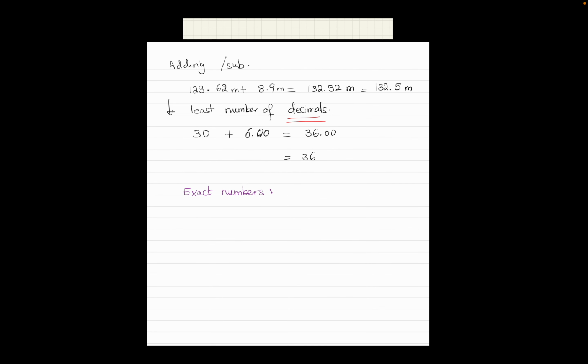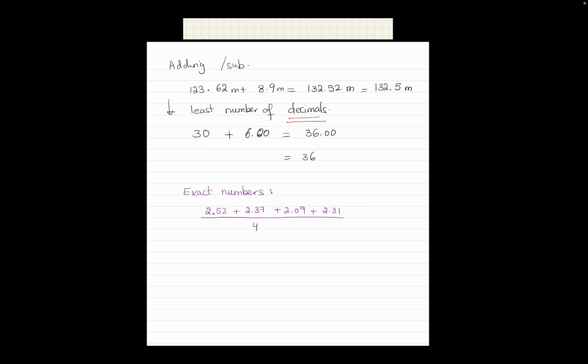Now, exact numbers. These are like when you calculate the average, for example, 2.52 plus 2.37 plus 2.09 plus 2.31. I want to find the average of these numbers.